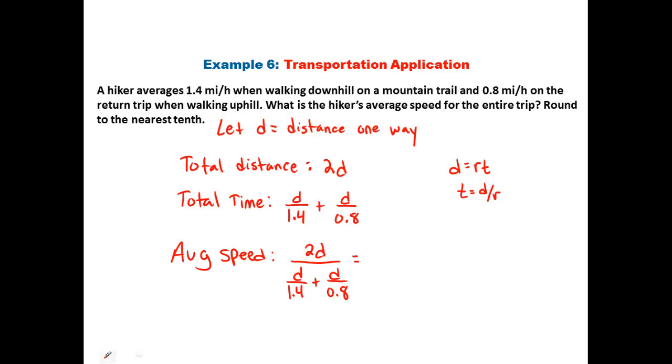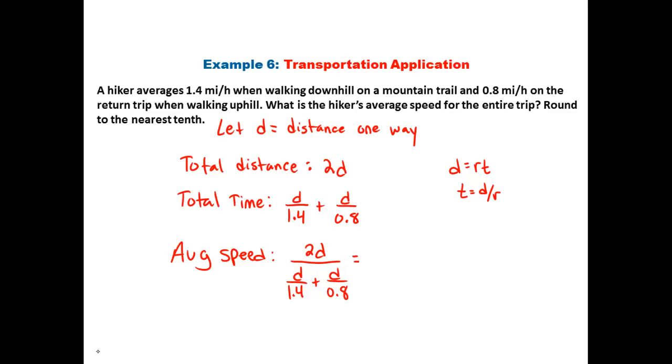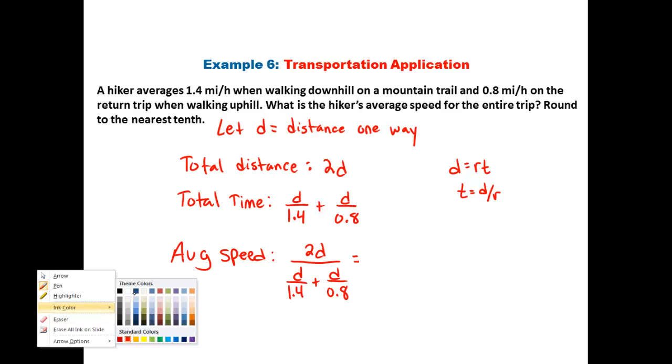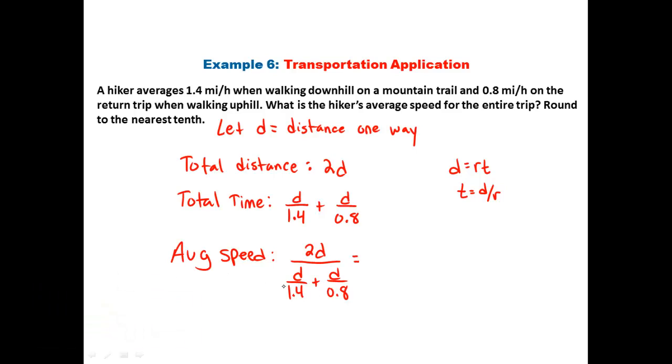Now I think it's going to be easier for us if we change this decimal into a fraction. So this is really d over, if we do 1.4 as a fraction, it's 7/5. And 0.8 as a fraction is 4/5.